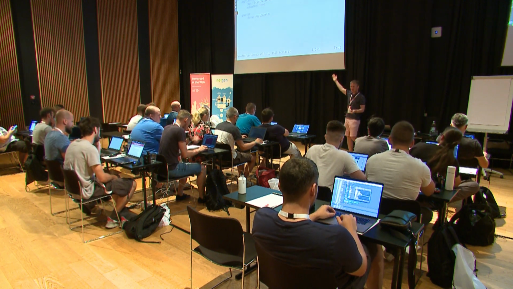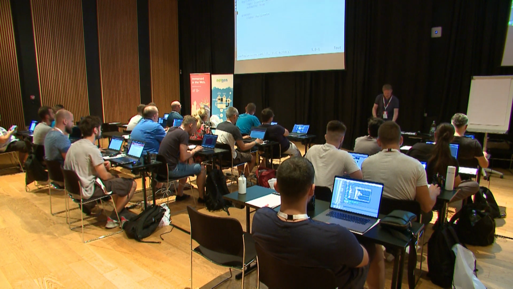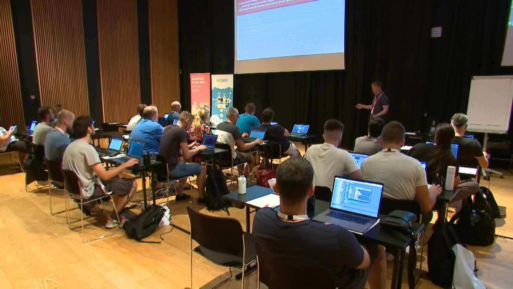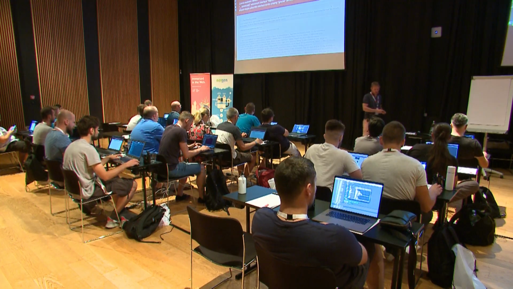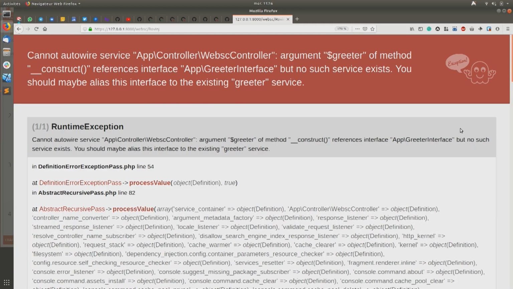There is one. It's the greeter, right? But still, it doesn't work. It says, cannot autowire service WebSC controller argument greeter of method construct: reference app greeter interface, but no such service exists. You should maybe alias this interface to the existing greeter service. Everything is written there, right? So it's looking for a service whose name is the name of the interface, and that's it.